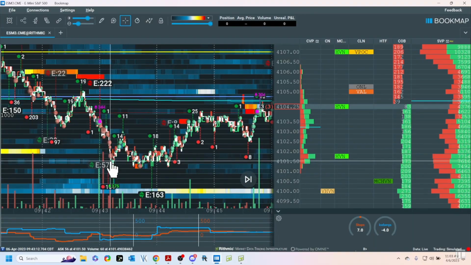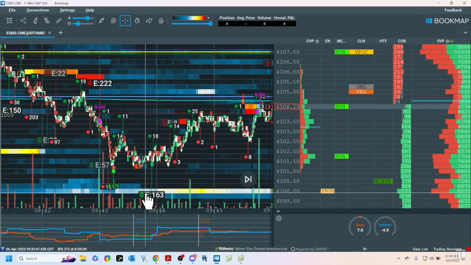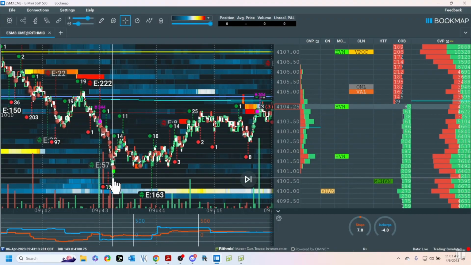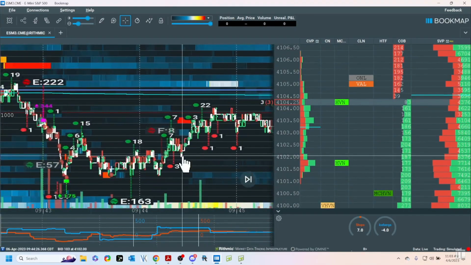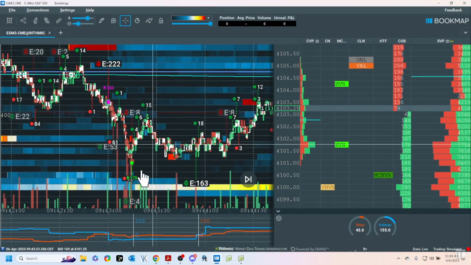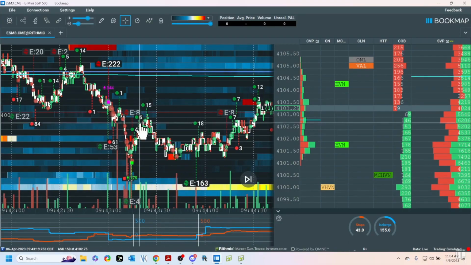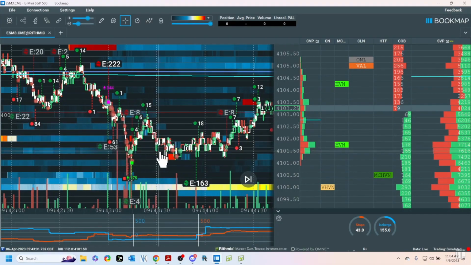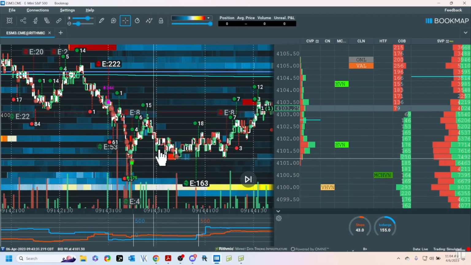I see this, and I'm looking for this. I see the iceberg. I see absorption. Let's look a little further. So a little iceberg, some iceberg. I'm looking at this. I'm preferring that.